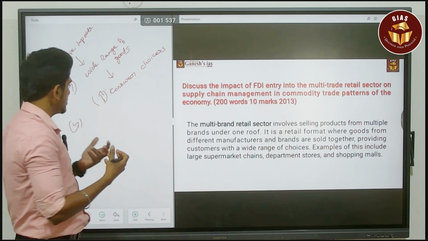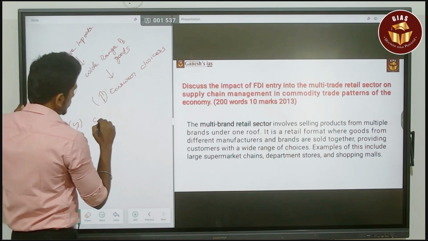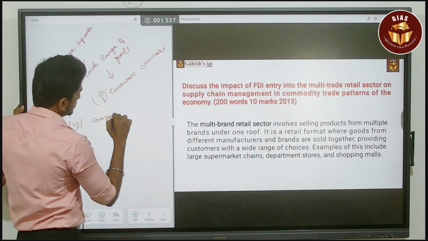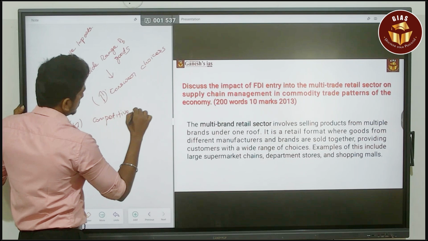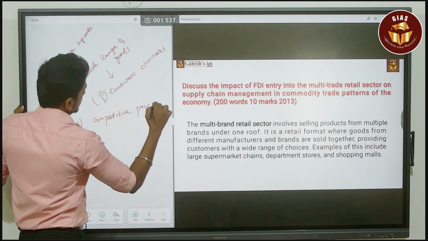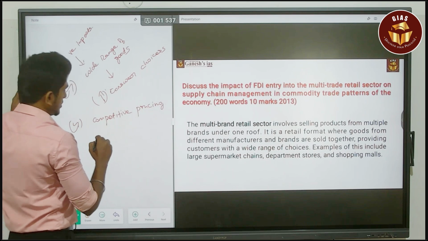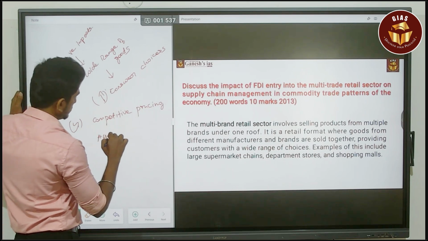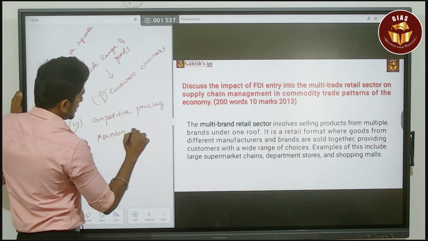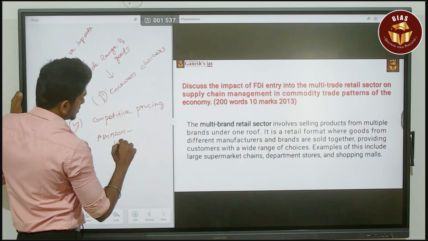The next major benefit is competitive pricing between the different companies. Consider that Amazon is selling a product for 100 rupees.